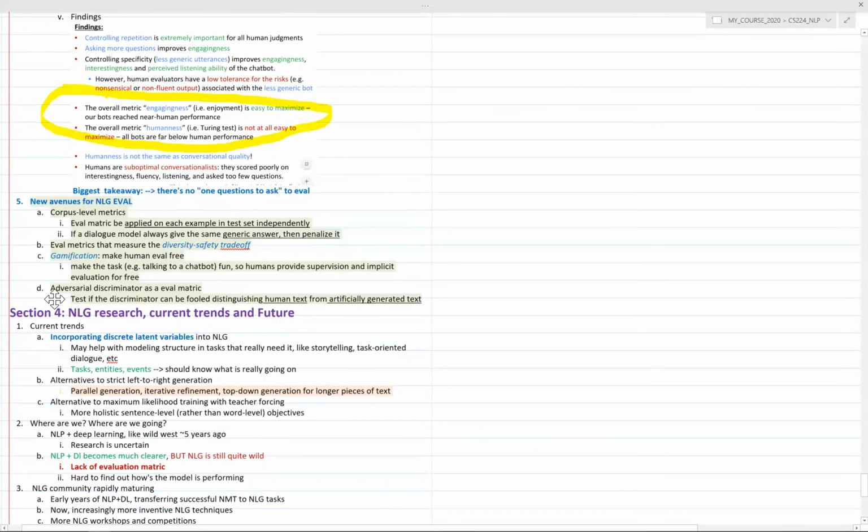Also, the world is thinking about using an adversarial discriminator as evaluation metrics. So basically, letting the discriminator distinguish if it's human text or artificially generated text. So in this case, it serves as another evaluation metric.